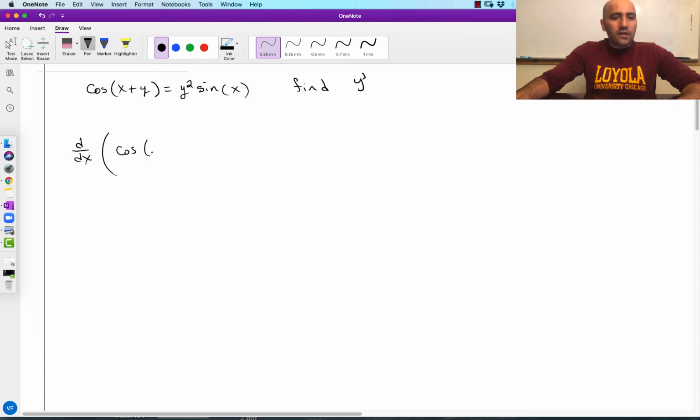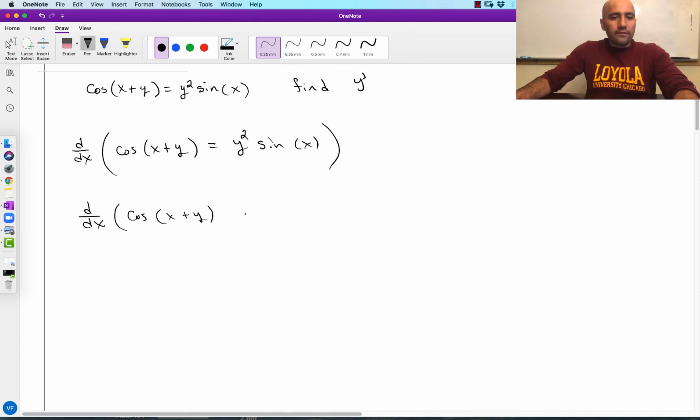So it'll be the derivative with respect to x of cosine of (x plus y) equals the derivative with respect to x of y squared sine x.